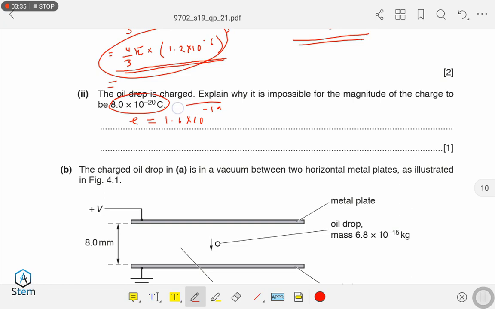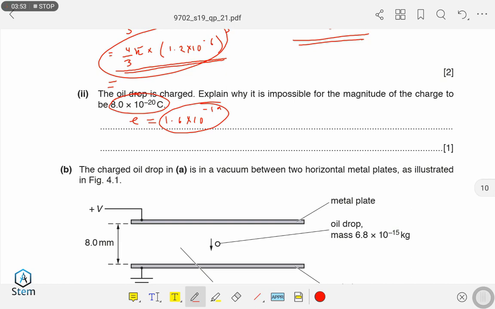This is the smallest possible charge that we can ever have, in quotation marks. We know there are smaller charges, but for now, let's just work with this.